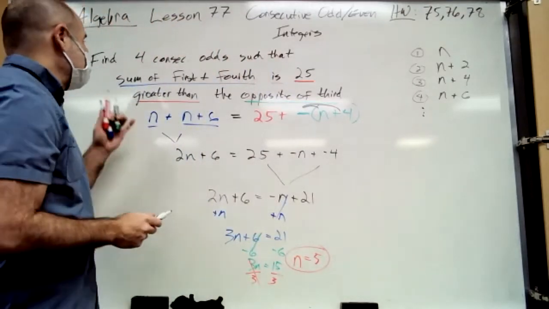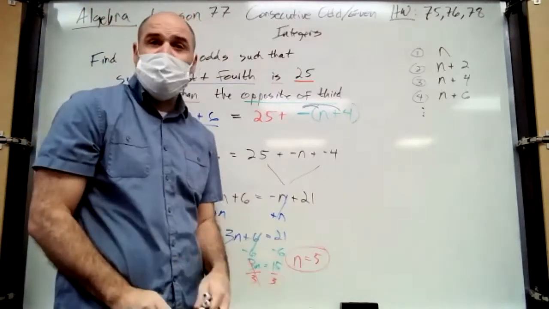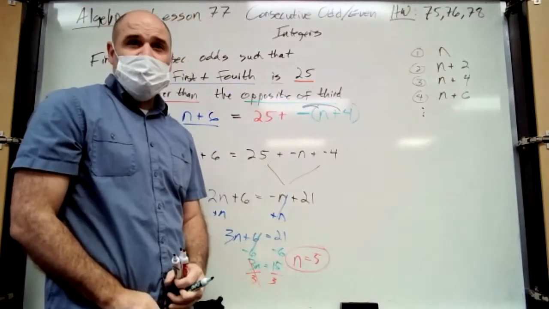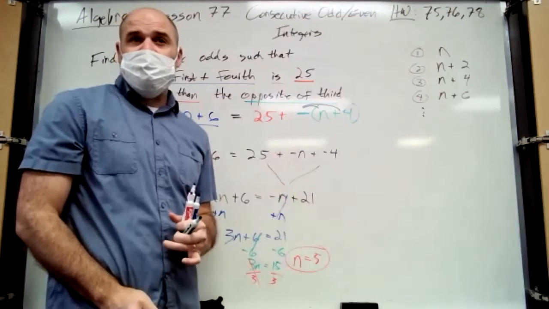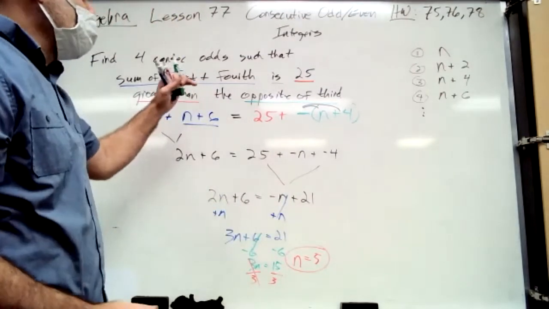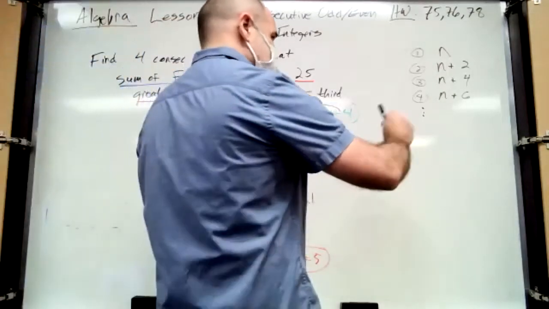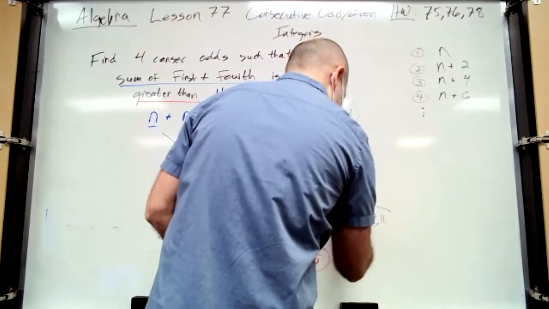No. We're asking for 4 consecutive odd integers. Now, if for some reason you get an even number here, then something went horribly wrong. So back it up, fix it, do it again, okay? So it is odd, that's great. So let's plug it in to find the rest. So that's 5, 7, 9, and 11.